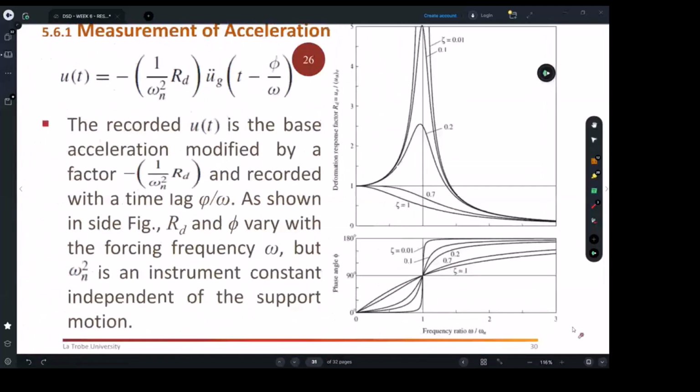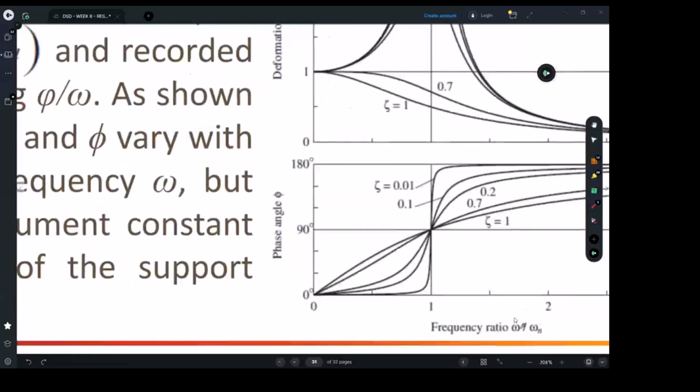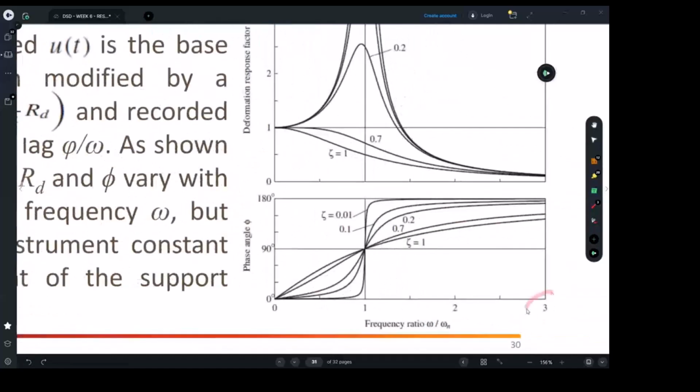So for example, here the ratio is 3. If you have a ground excitation, which means a forcing frequency, and you end up finding a ratio of 50, you can straight away say no, this device is not useful for you, because it won't really be giving any sense.